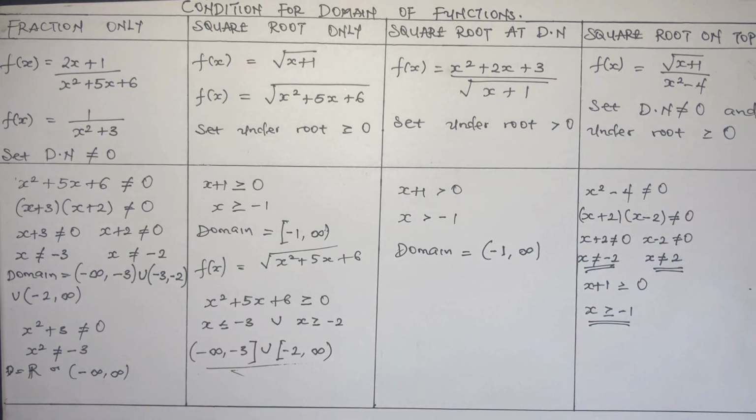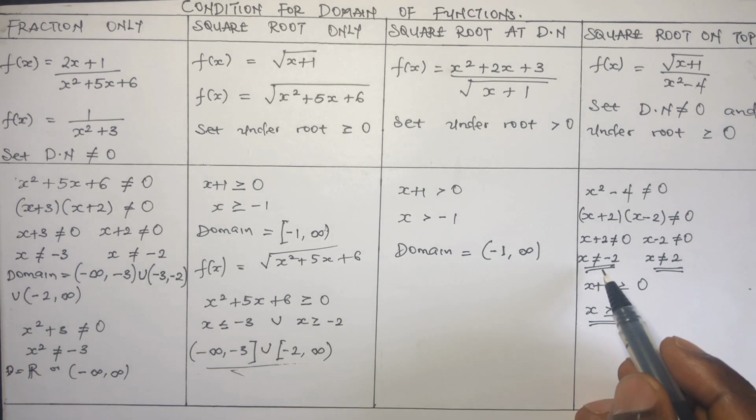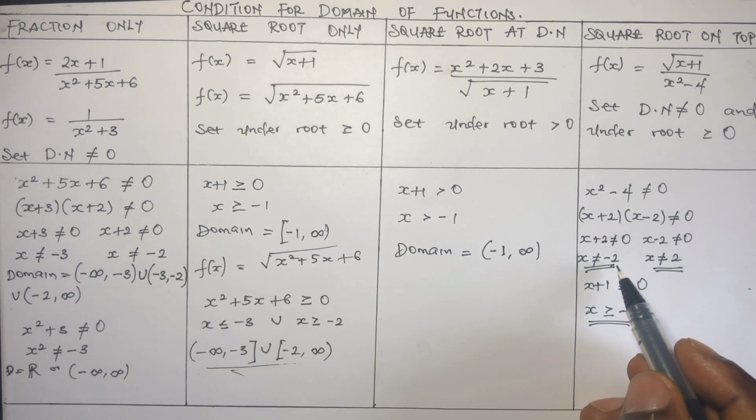Let's take a good look at all these conditions and see how we can represent them using set notation. We have that x should not be equal to negative 2.